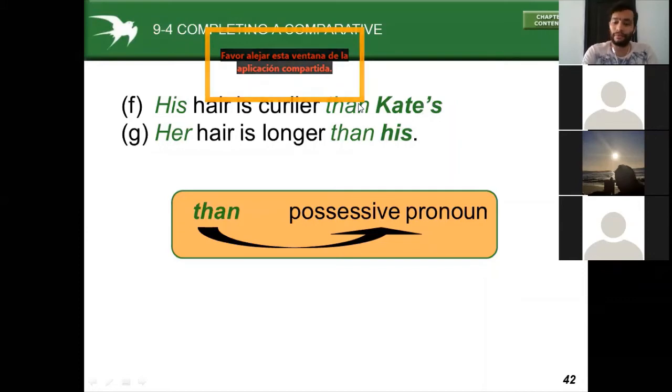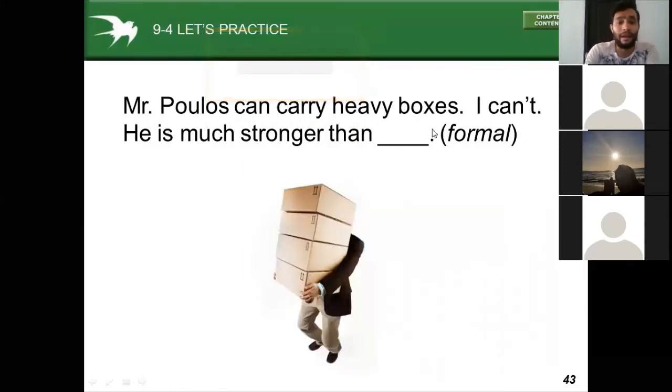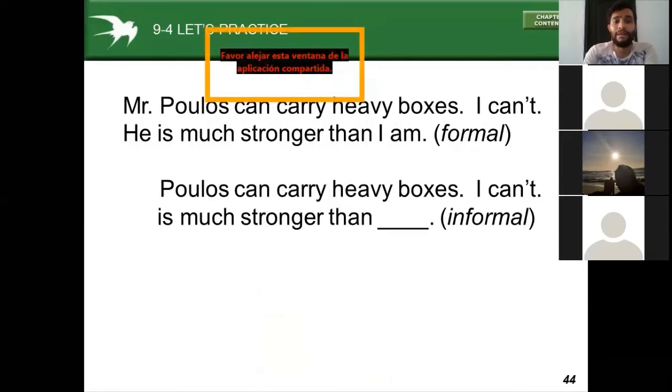All right? So, let's practice a little bit before we log off. Mr. Paulus can carry heavy boxes. I can't. He is much stronger than I am. Than I am. Very good. How about this one? Mr. Paulus can carry heavy boxes. I can't.